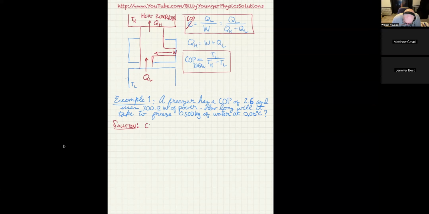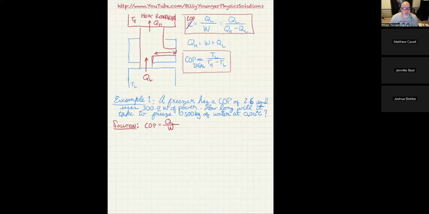What we're using is the fact that the COP is equal to the heat removed from the cold areas divided by the work that's put in. And in this case, we see that the work actually put in, so what we're trying to do here is realize that the actual work done is the 300 watts.